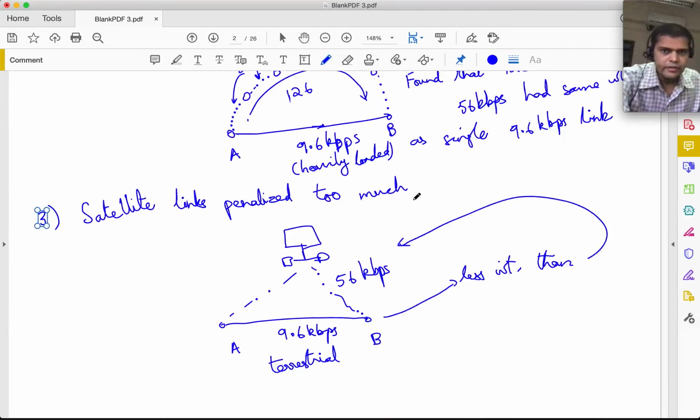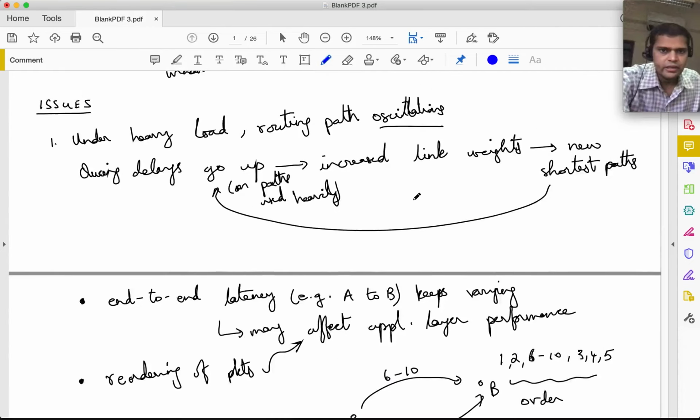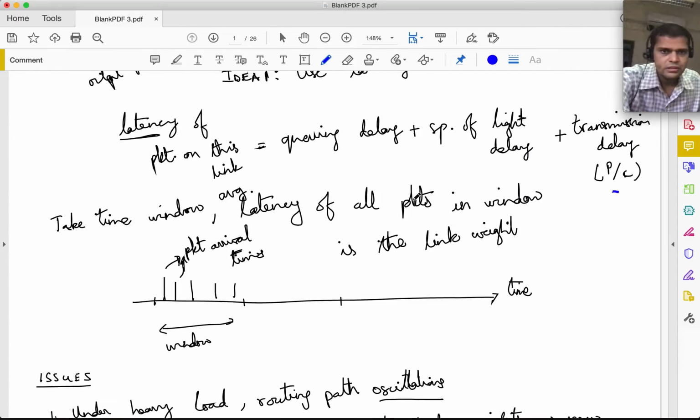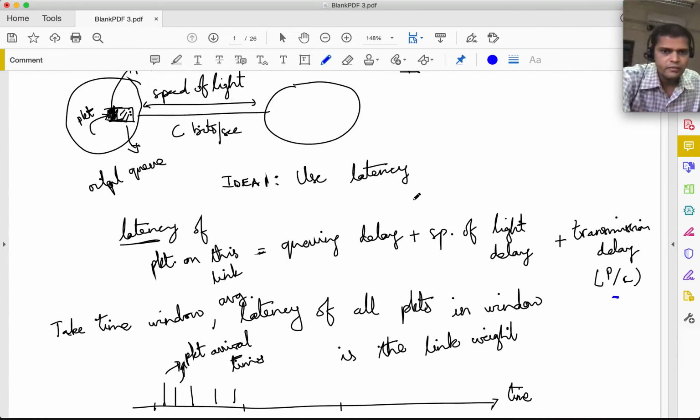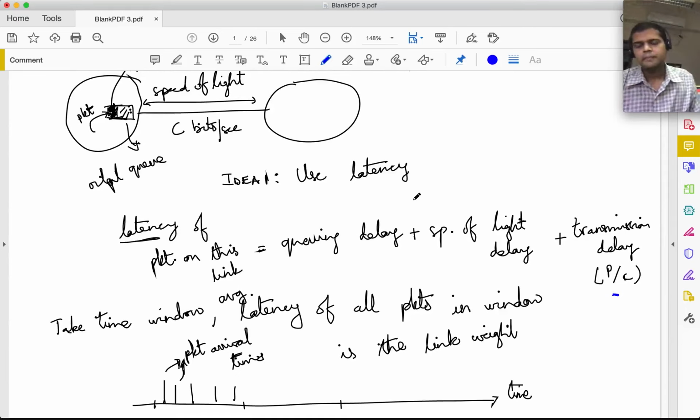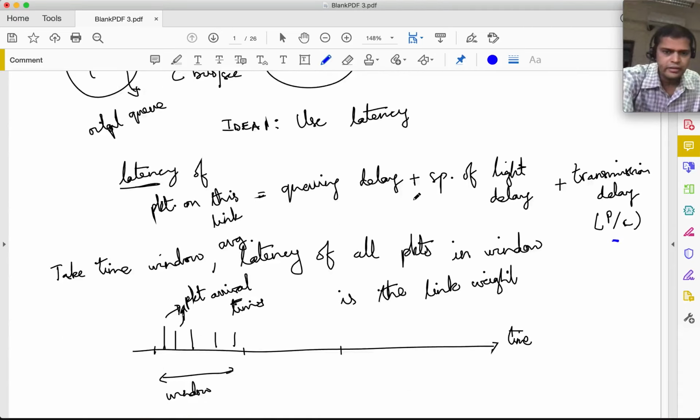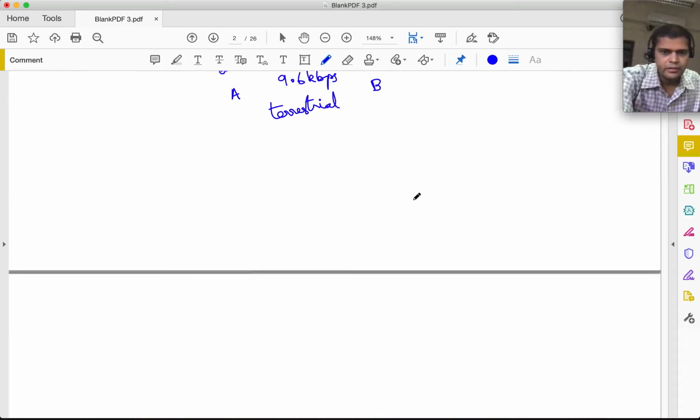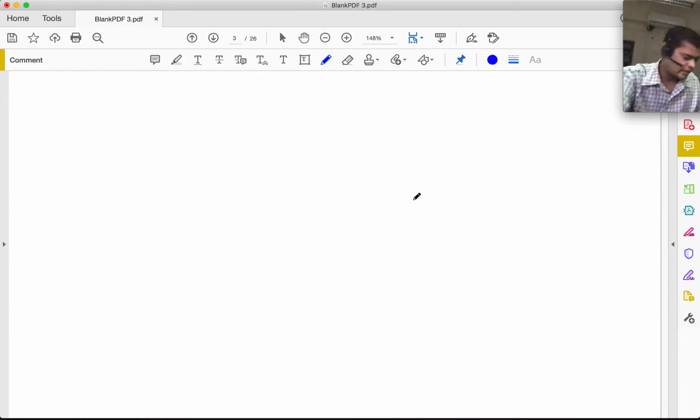So what seemed a very reasonable way of assigning weights to links using these latencies turned out to have lots and lots of problems. And so they tinkered around and they came up with a set way of deciding link weights. They used this particular graph, which I'm going to draw now.